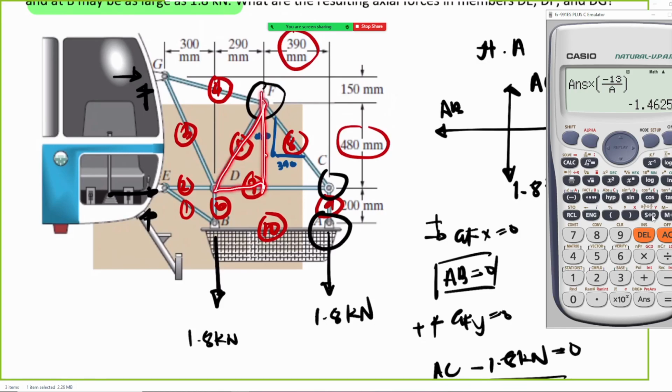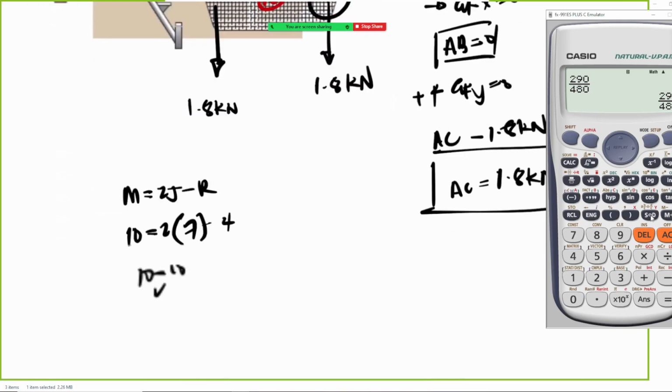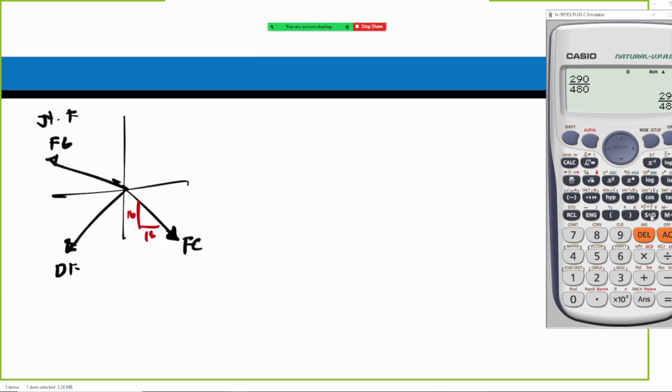So meron siyang 480 and 290 naman. So 290 over 480, so meron kang 29 and then 48. So ang 48 mo is this one, 29 is this one.